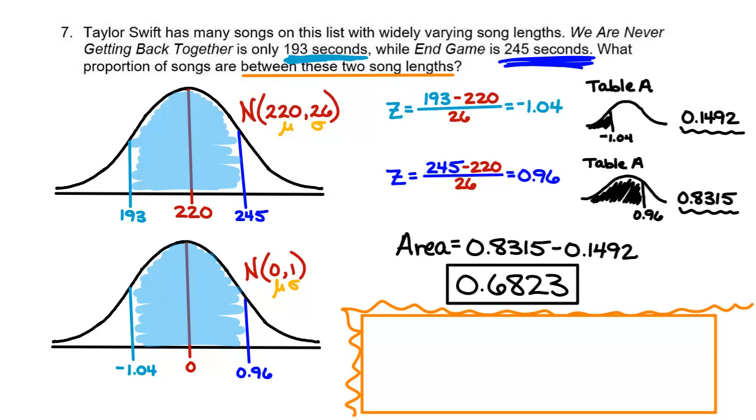LB is fine for lower bound. 245 is my upper bound, so UB. 220 was my mean. 26 is my standard deviation. You can write out the words and use SD for standard deviation if you want to. I use the symbols. Both of those are fine. And then you're going to hit enter.